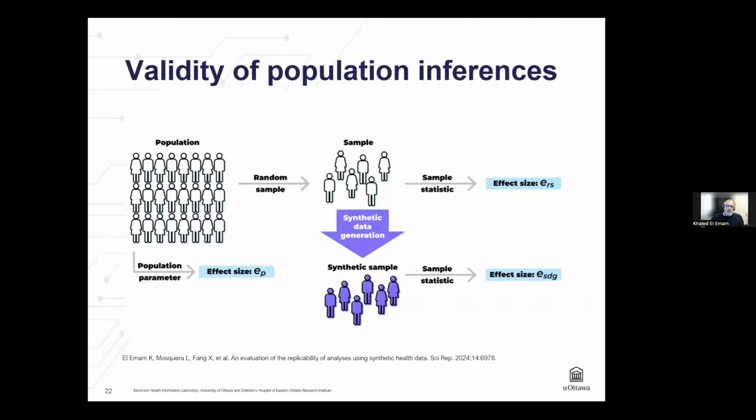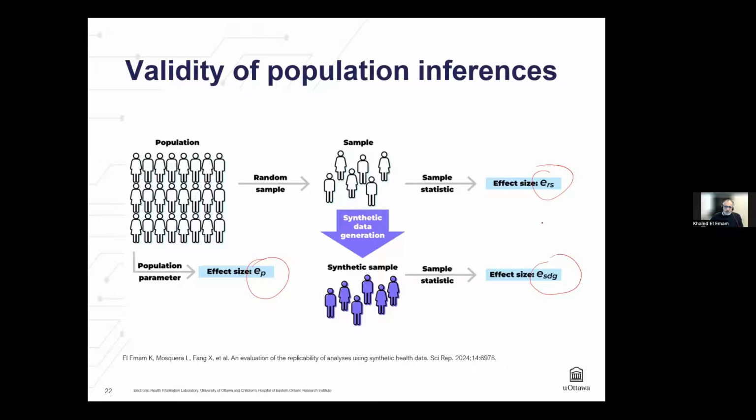So in general, you have a population, you draw a random sample, and then you compute some sample statistic from your random sample, so ERS, and then you have the true value, the unknown true value of your parameter from the population, or EP. And then from your sample you can run it through a generative model and create a synthetic sample as well, and then you compute the statistic on the synthetic data set.